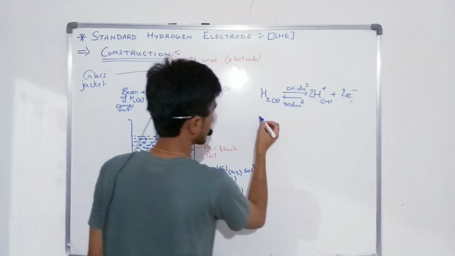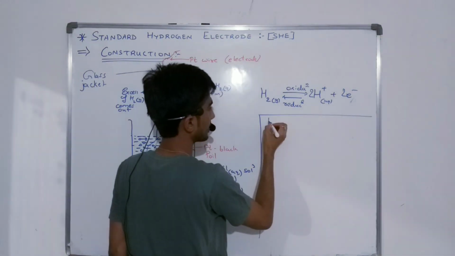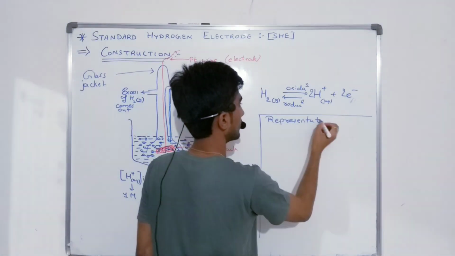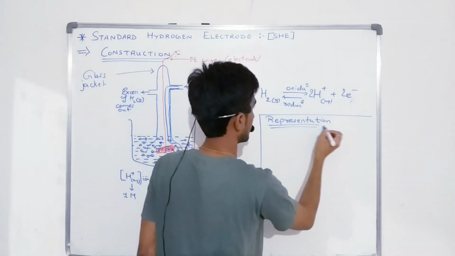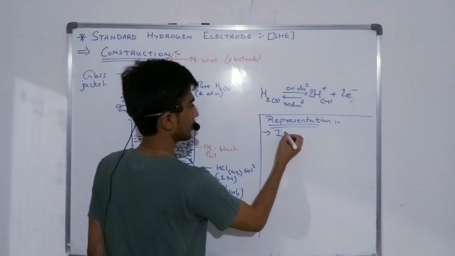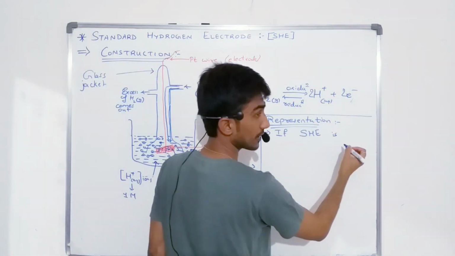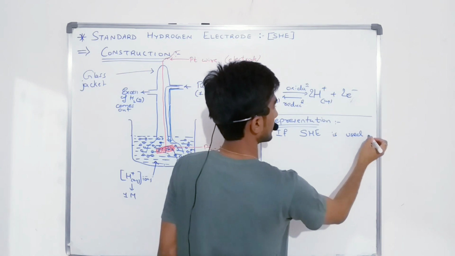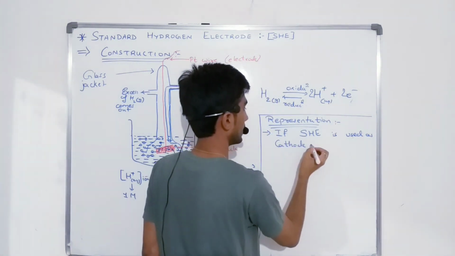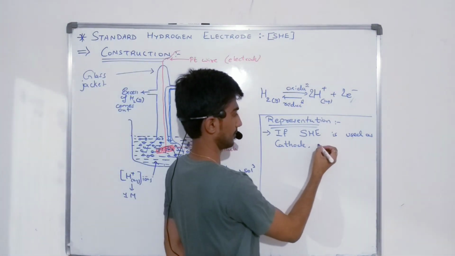Now, how is it represented? The representation. If SHE, that is standard hydrogen electrode, is used as cathode, then how is it denoted or represented?